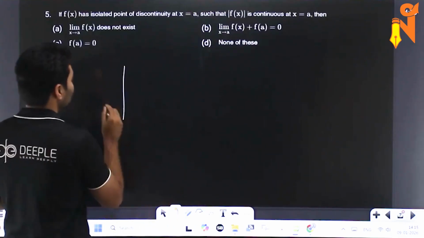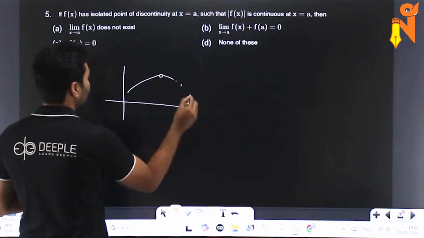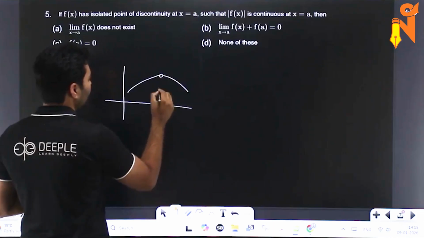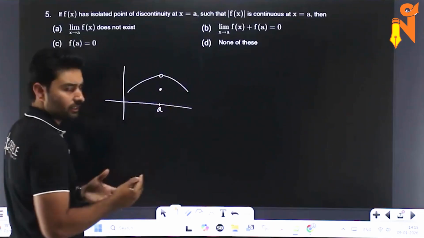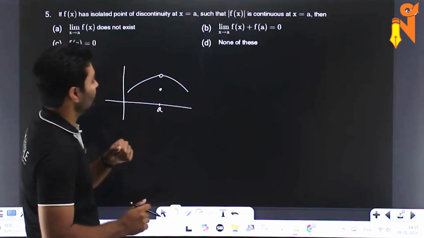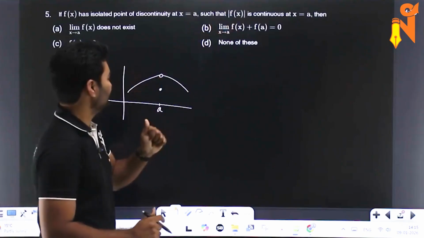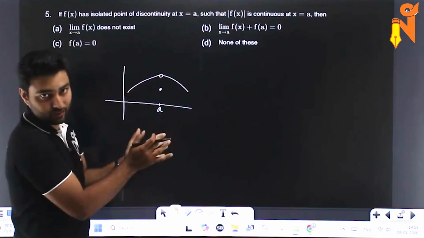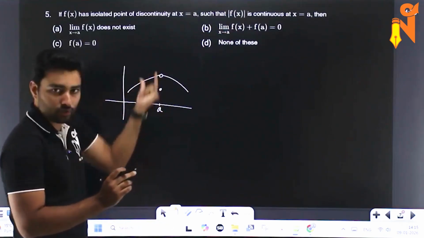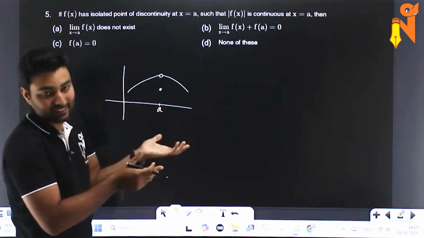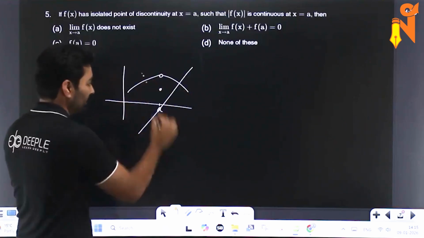So this is the graph, let's say. At point A, f of a is here. For example, in this condition, mod of f x will be the same. I'm talking about this portion only. Still the same. So basically this is the wrong graph.